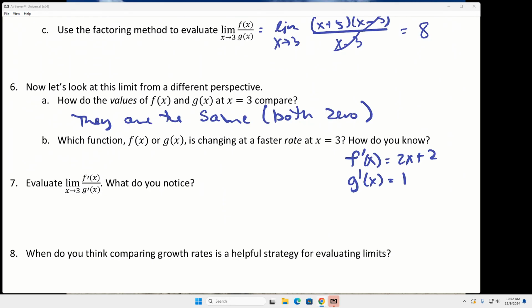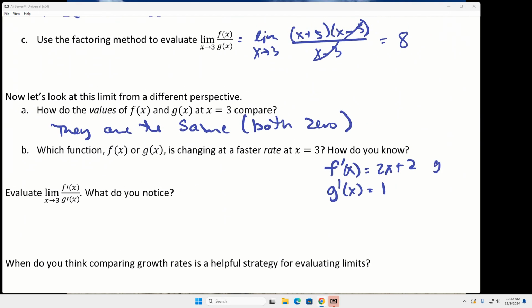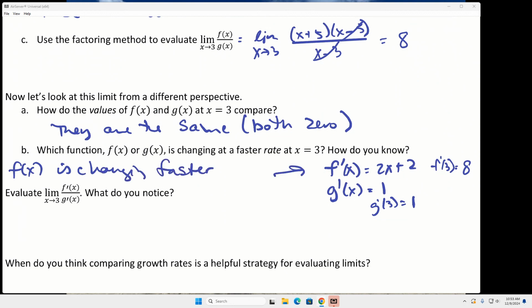And then when we plug in 3, is it f prime? It's going to be 6 plus 2, or 8. We plug in 3 to g prime, obviously, this is just going to be 1. So f of x is changing faster. And then you've got evidence over there, that's how you know.